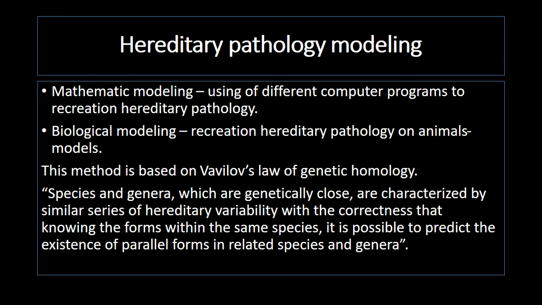This law states that species and genera which are genetically close are characterized by similar series of hereditary variability, with the correctness that, knowing the forms within the same species, it is possible to predict the existence of parallel forms in related species and genera. It may seem difficult, but it is very easy.